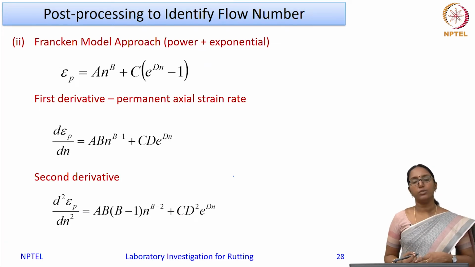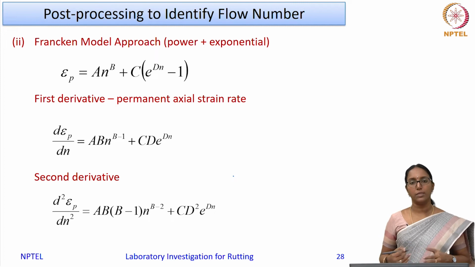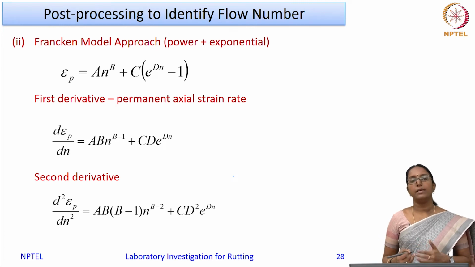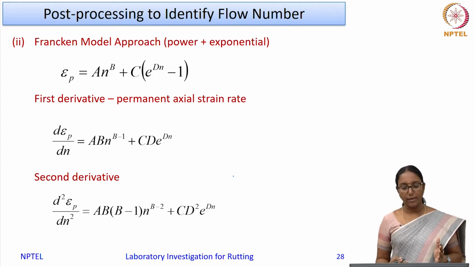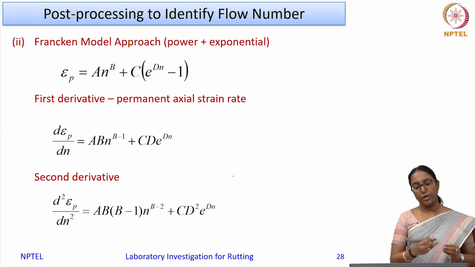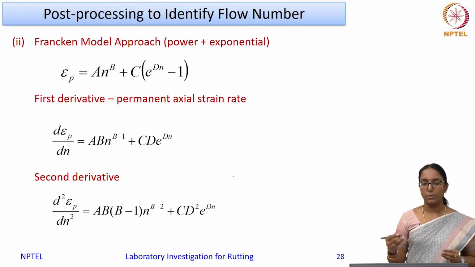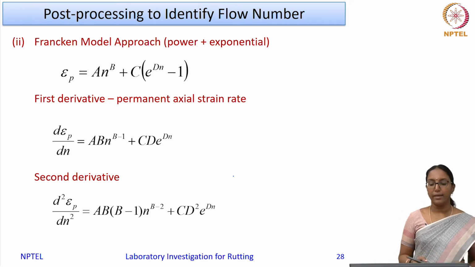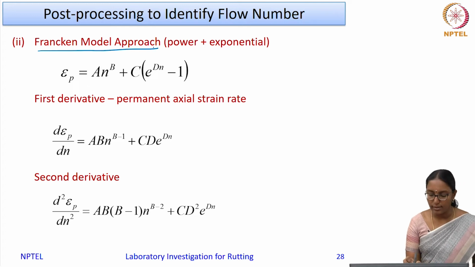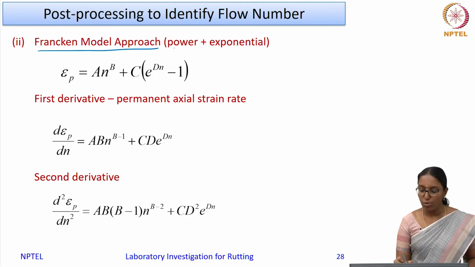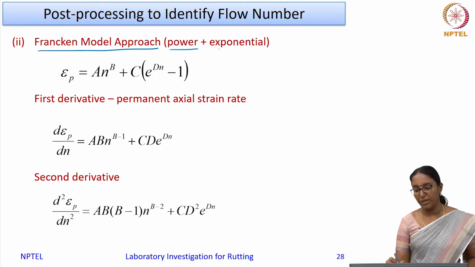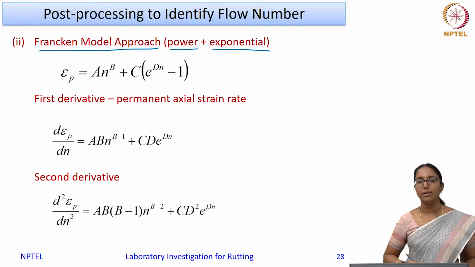Now, the second approach that is suggested for processing the data is to fit a certain equation for this entire data. As you know, this has a power law kind of relation, and then there is an exponential kind of relation. The Francken model approach is suggested in this code. The Francken model is a combination of two models: one is a power law equation, and the second one is an exponential equation.